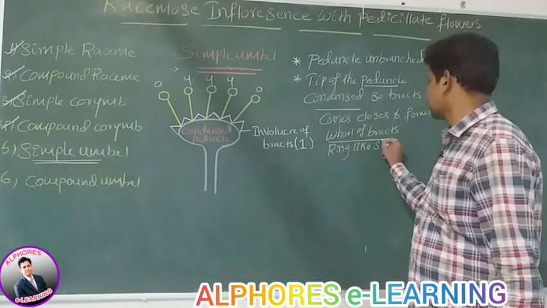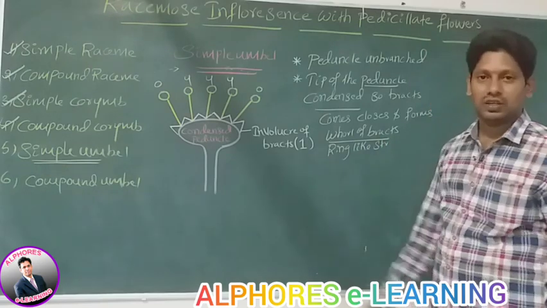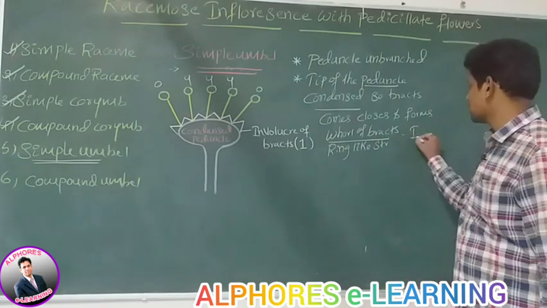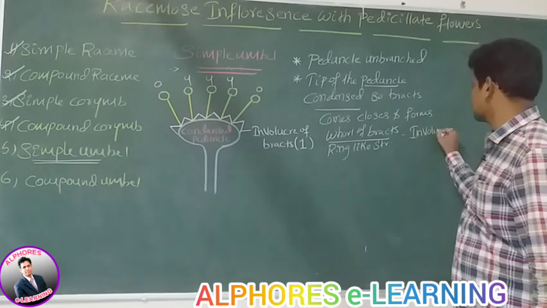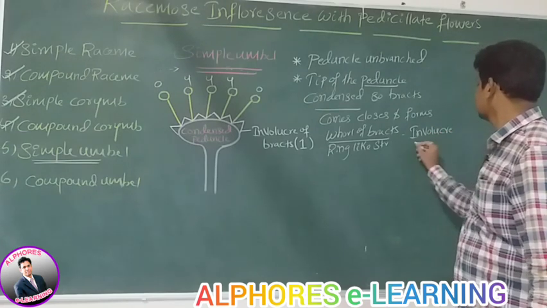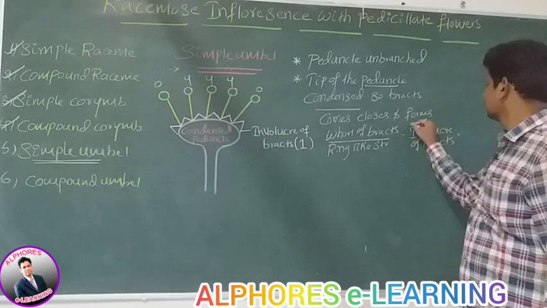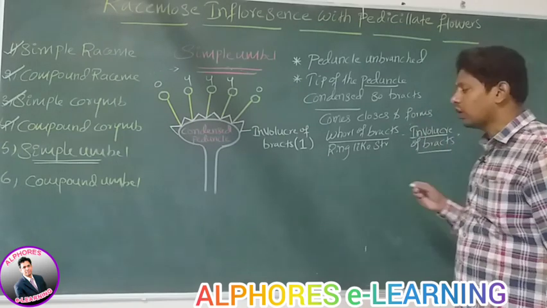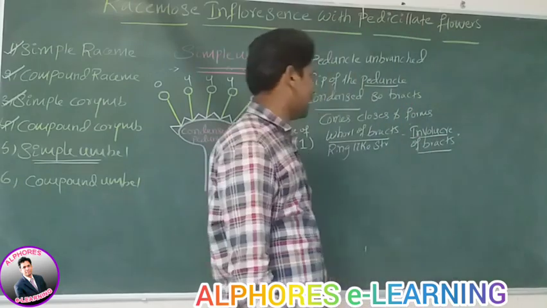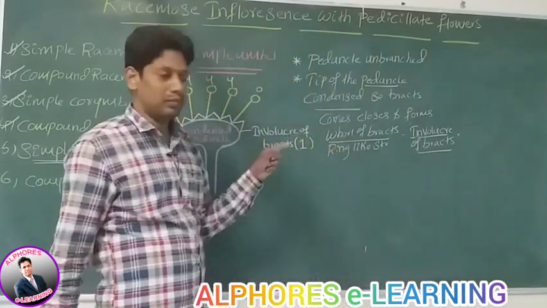What-like structure? Ring-like structure. This whorl of bracts is called the involucre of bracts. Right, whorl of bracts or ring-like structure called involucre of bracts, right?